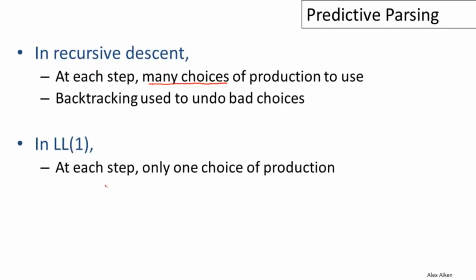Well, it means that if I have a configuration of the parser where I have some terminal symbols omega and a non-terminal A, possibly followed by some other stuff, there could be terminals and non-terminals, but A here is the leftmost non-terminal, and the next input is a token t, then there is exactly one production, A goes to alpha, on input t.